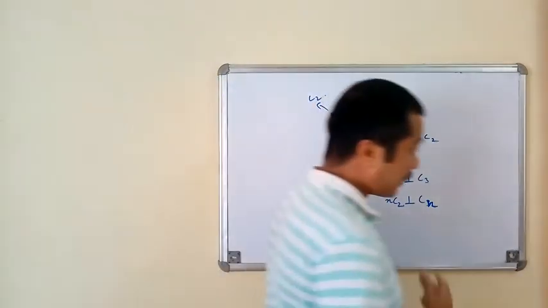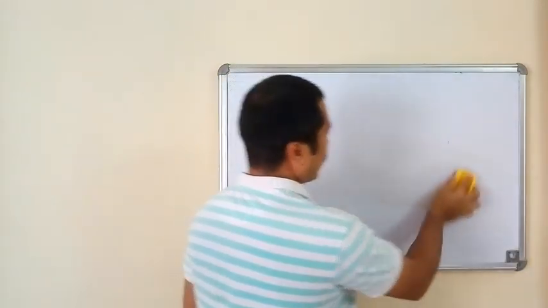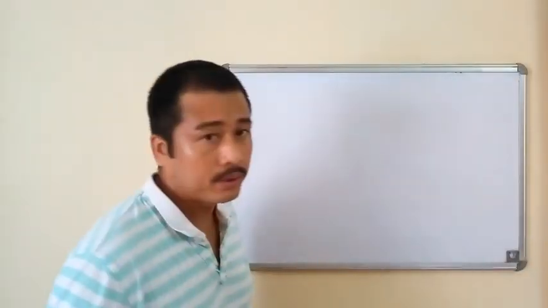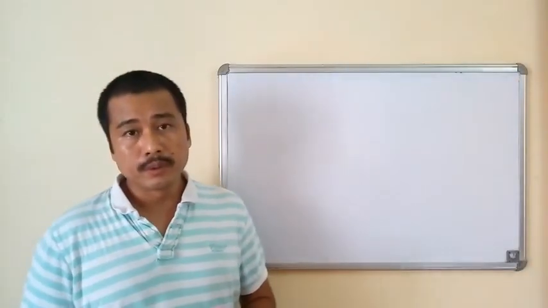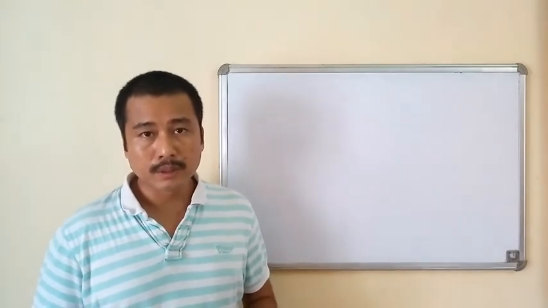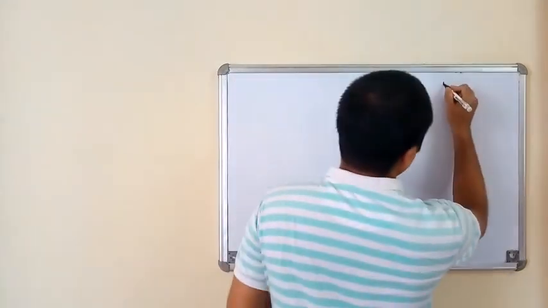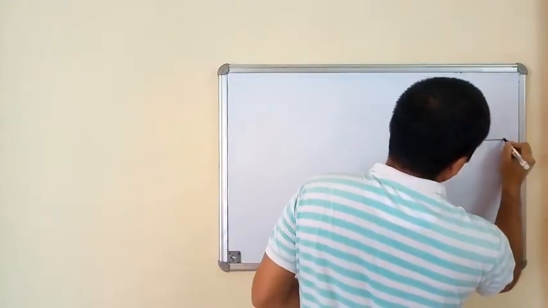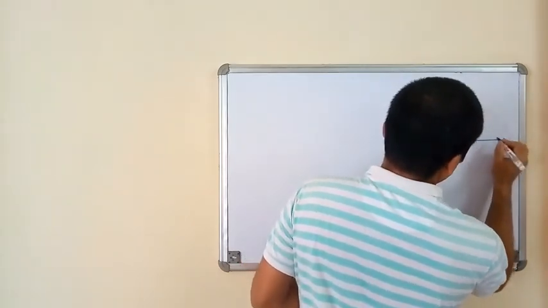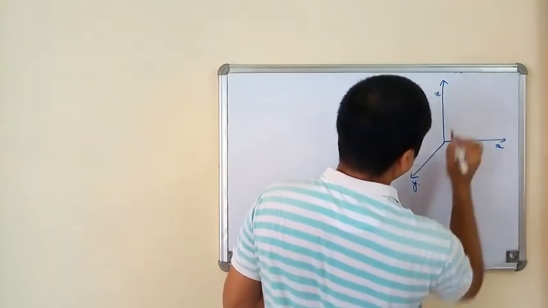We will try to verify this observation again by using a slightly mathematical procedure. So let us consider a molecule with a C4 axis of symmetry and only one C2 axis of symmetry perpendicular to that C4 axis. Let us take the Cartesian coordinate system as the reference here again. This is the x-axis, this is z, and this is the y-axis.